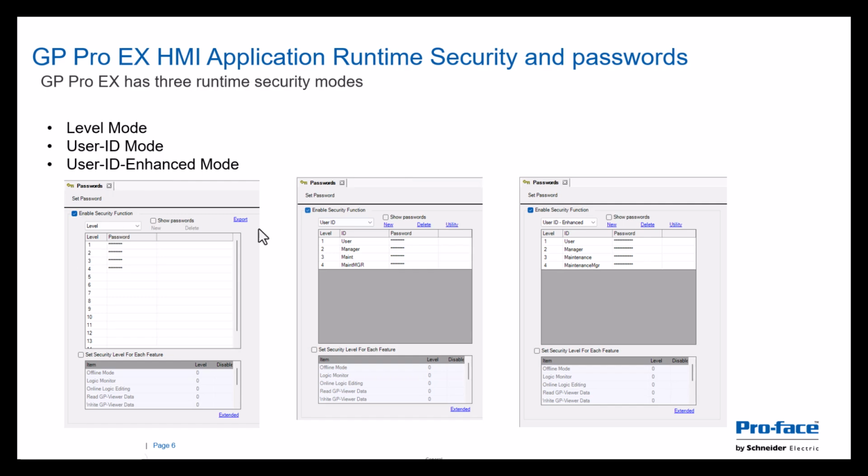Basically the difference between user ID mode and user ID enhanced mode is more stringent requirements on passwords, special characters allowed in passwords, and more characters in the user ID. You can see here screenshots from the editor showing what it looks like in GP Pro EX for the three different modes.